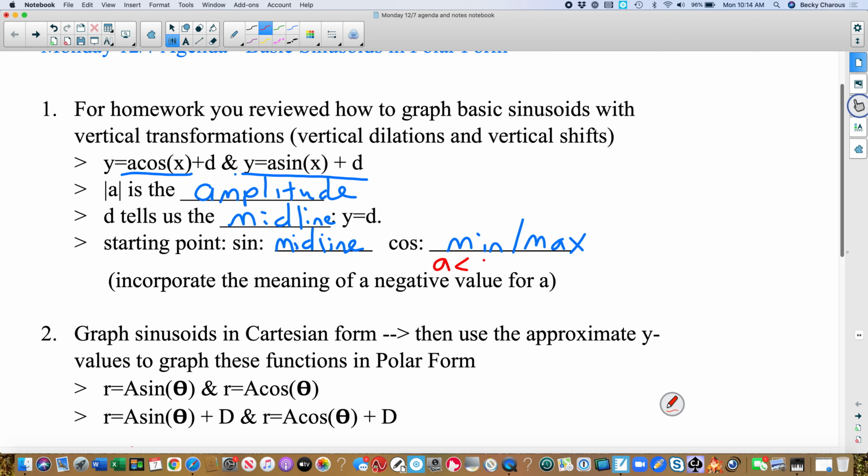So a actually includes a negative sign. If a is less than 0, then we start at a minimum, and if a is greater than 0, we start at a maximum.